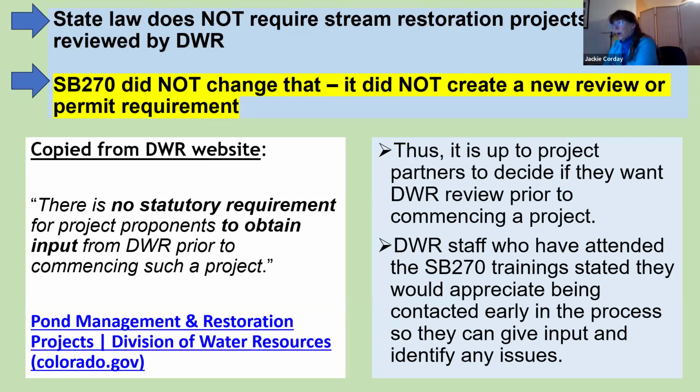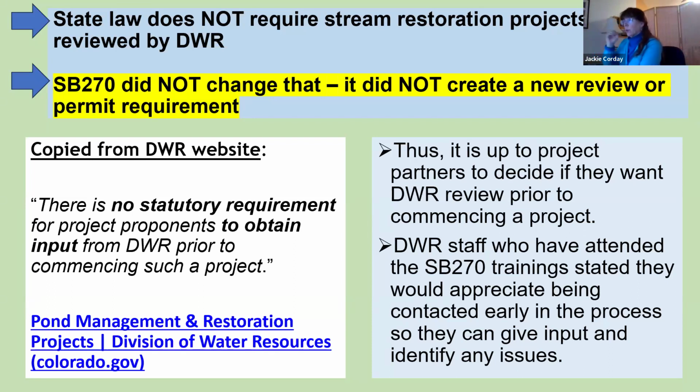That's because DWR does not have jurisdiction over stream restoration per se, like to review projects. That is not the case in Utah, Idaho, and Wyoming. They all have stream alteration permits in those states. So anytime you're doing stream restoration, it's a joint application for a 404 permit and a stream alteration permit from the state. That's not the case here in Colorado.